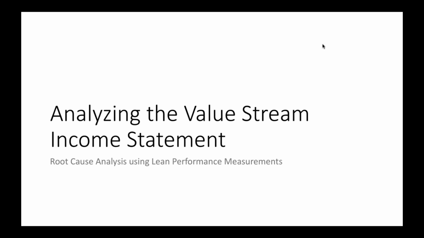Accounting needs to understand the lean performance measurements, and lean operations needs to understand the value stream income statement. What lean performance measurements do is they give you a lot of detail about why your financial performance by value stream is what it is.